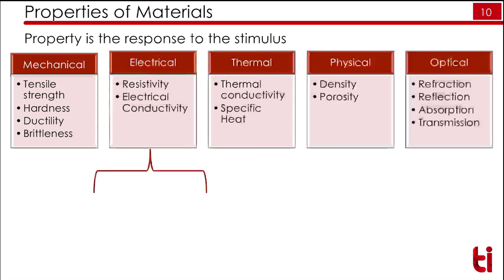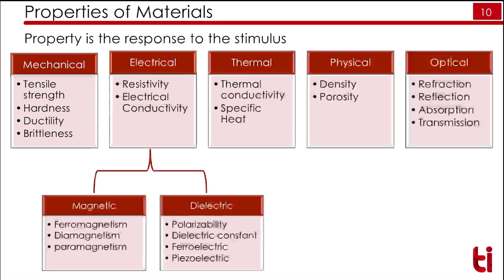We can have subcategories in these. For example, in electrical properties we can have two categories. First is magnetic properties and second is dielectric properties. So whatever material you choose, that material will have some properties and you should look at which property is of your interest.